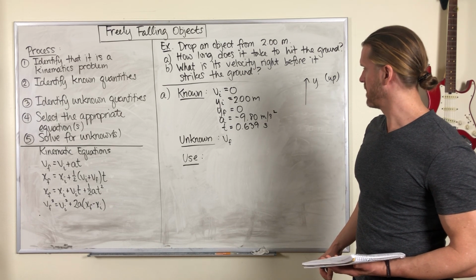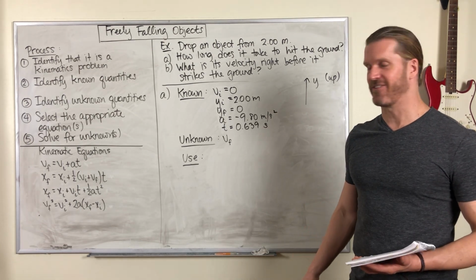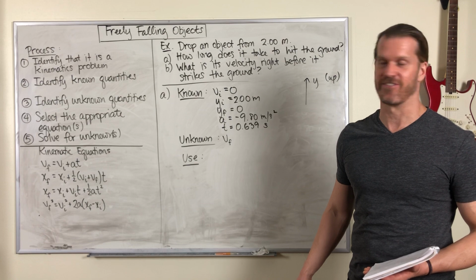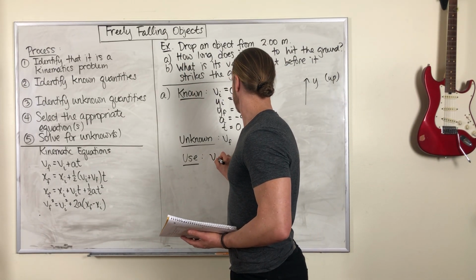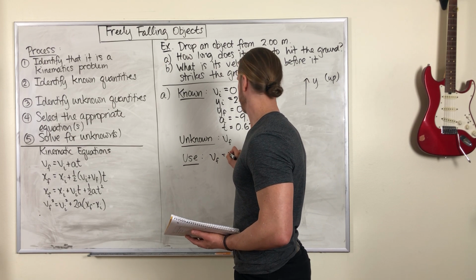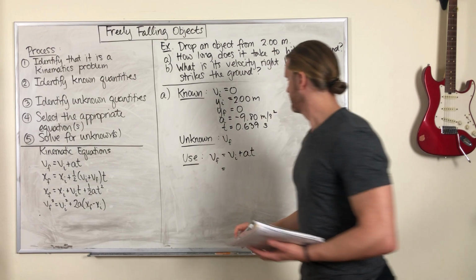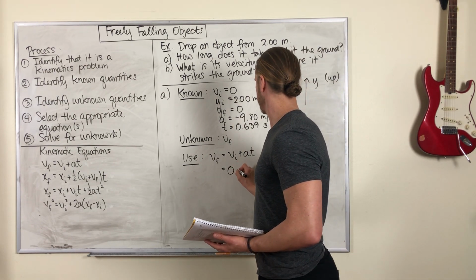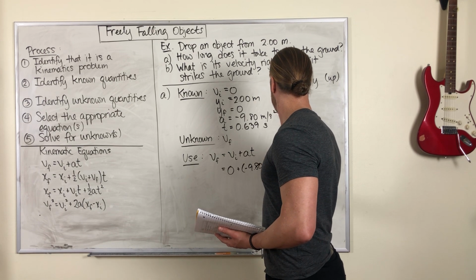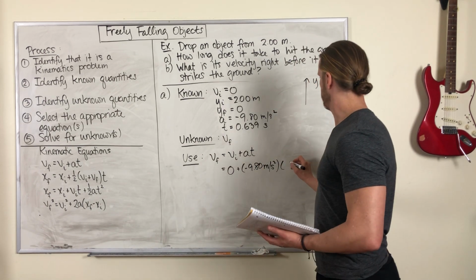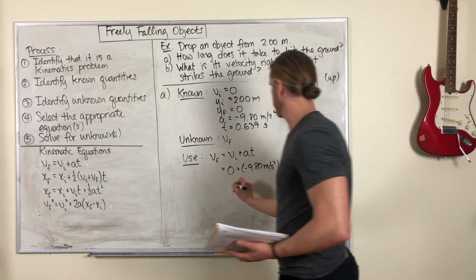I think that's right. So let's make our lives easiest and choose the simplest one of those, which would be the first one. V final equals v initial plus at. V initial is 0, a is negative 9.8 meters per second squared. t was 0.639 seconds.